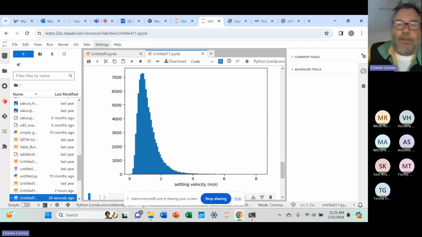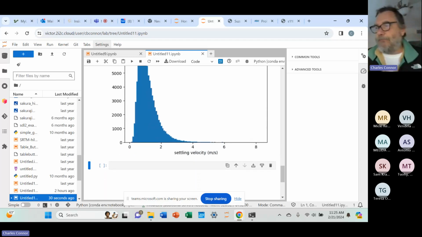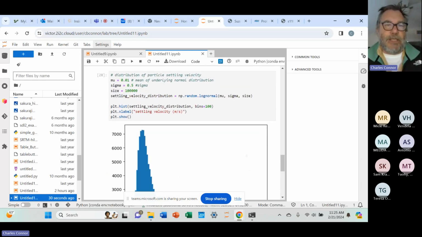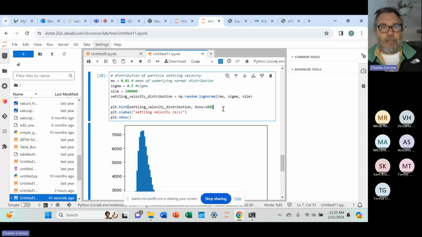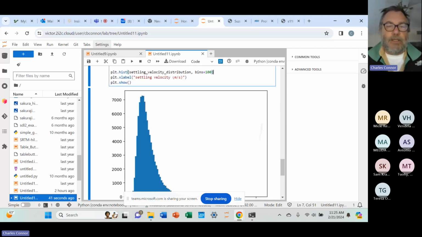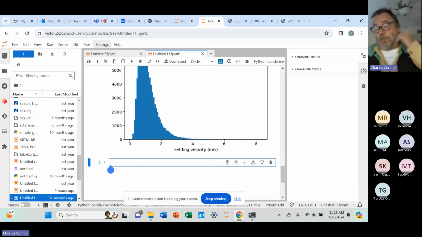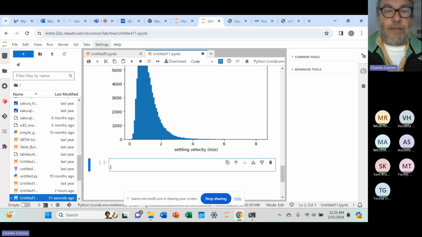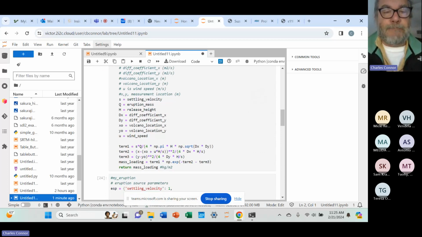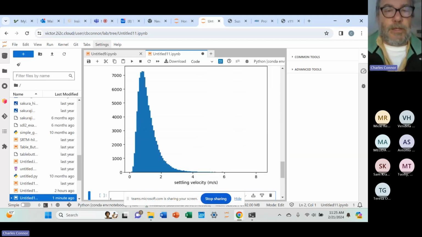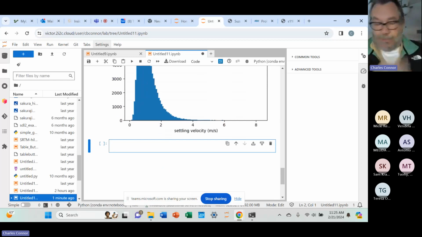So what does that do to my function? Remember now, all that's changed is I've got a set of values that are associated with the settling velocity. So let's implement that in the code. Now I'm going to count through, and I'm going to solve my expression, this function, simple fall, for each one of those randomly sampled settling velocities.